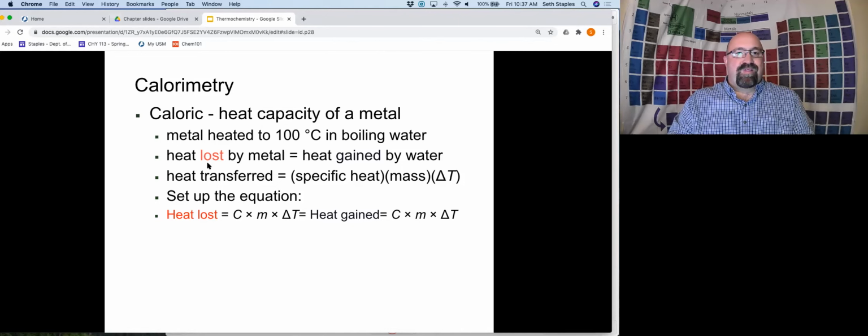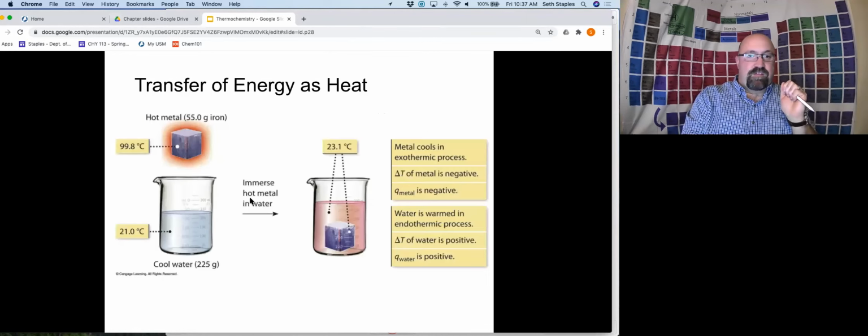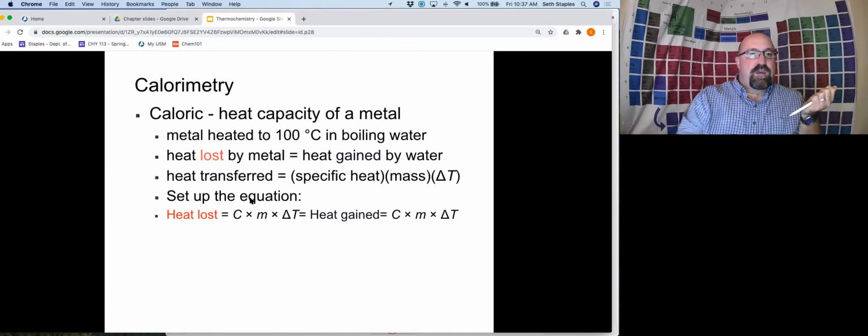And so the heat lost by the metal, we can set up an equation for that, right? Just like this is an example here, our metal is losing heat, and we can set up an equation to see how much of the heat was actually lost. That's going to be equal to the amount of heat gained by the water.